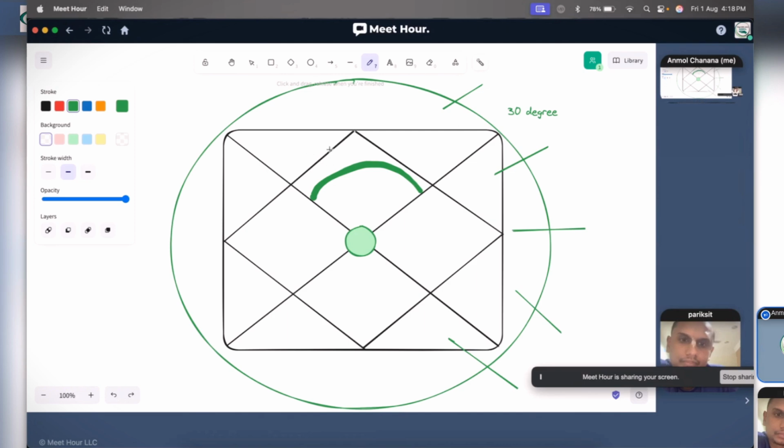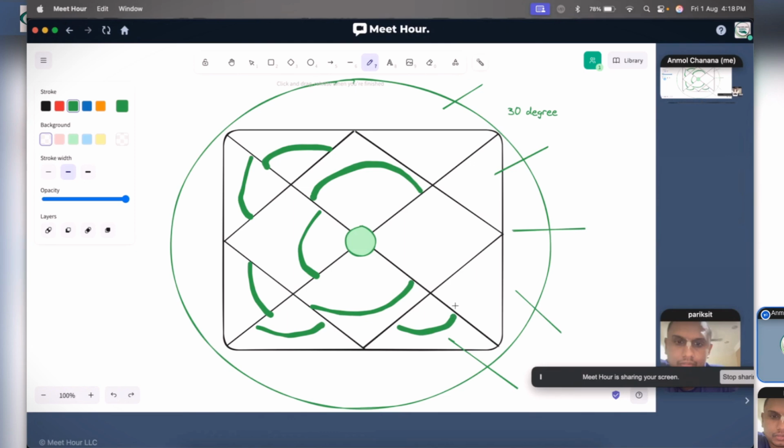Then 30 this, then 30 this, all these are 30 degrees.